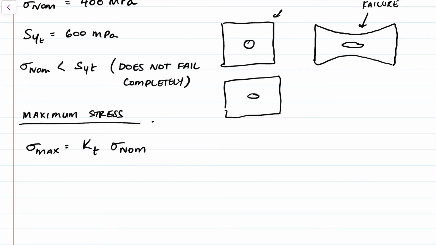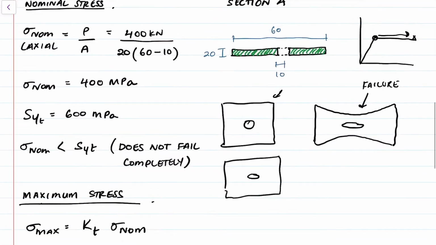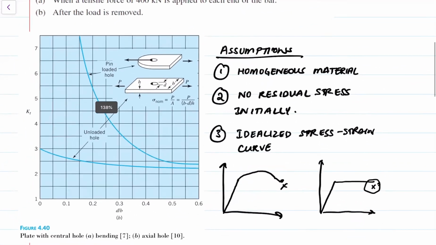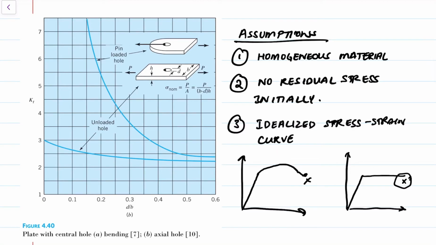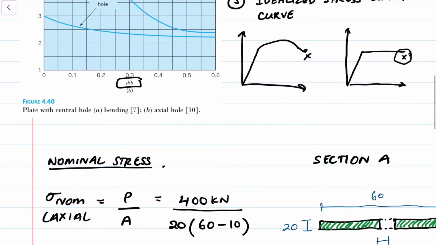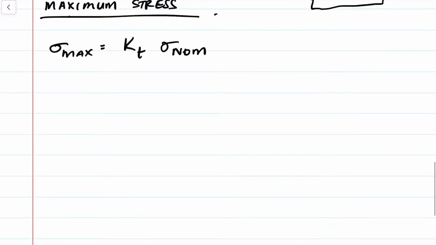And again, this is a similar procedure like the first example. We need to figure out what KT is, and this is figure 4.40b. And for that, we need to know what the D over B ratio is. So D over B is equal to 10 over 60, which is 0.167.